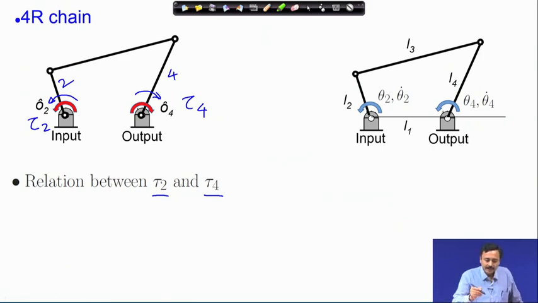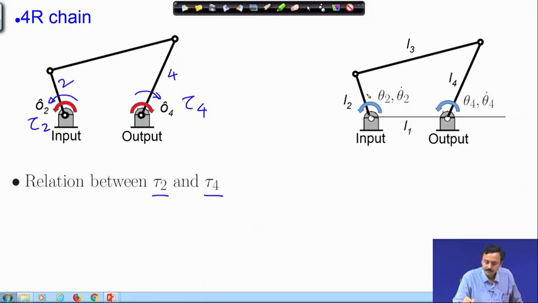On the other hand, the motion could be such that this is moving in the counterclockwise direction and then this also moves in the counterclockwise direction and drives the load. So, therefore, the load must be opposite to the direction of motion at the output, whereas the motion at the input is in the same direction as the input torque.